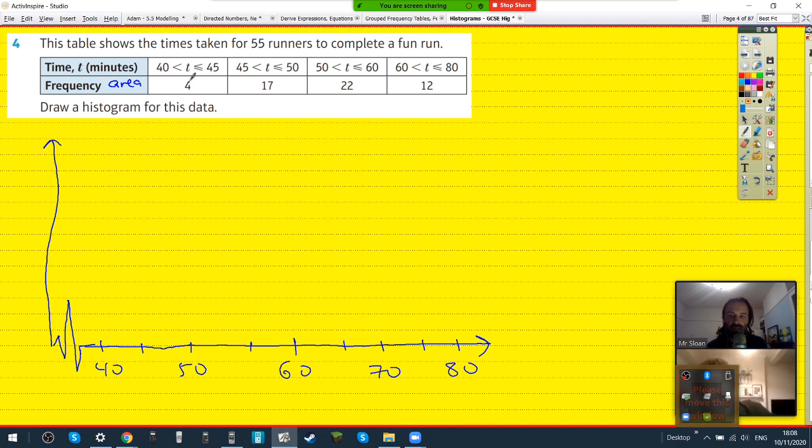So it's like a rectangle that has an area. So the frequency divided by the time would be the frequency density, right? 0.8 is the first one.